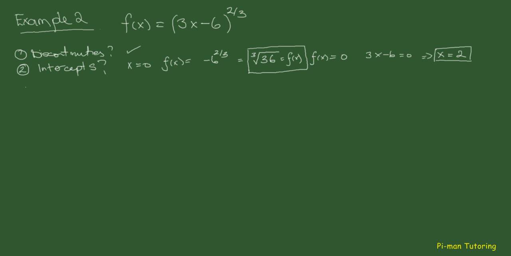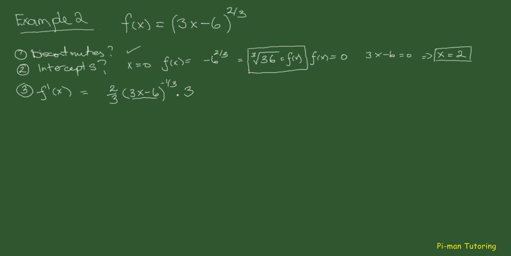Okay, now we move on to the first derivative. So f dashed of x. So here we use the chain rule. We bring down the 2/3 multiplied by the original function, drop the power by 1, which means negative 1/3, and then multiply by the derivative of the inside function.